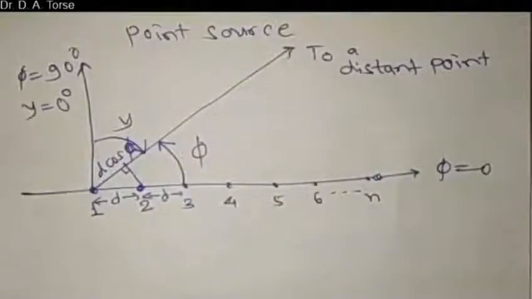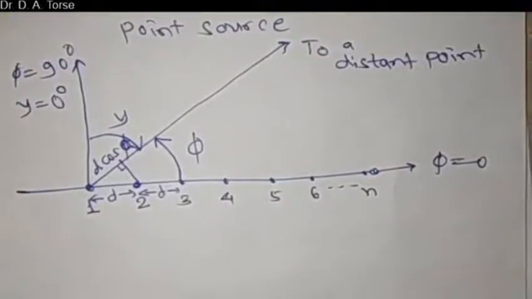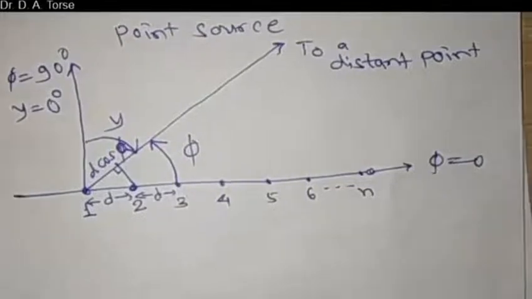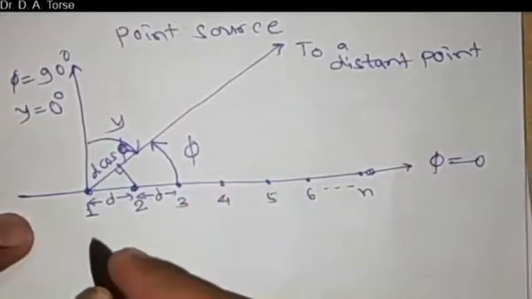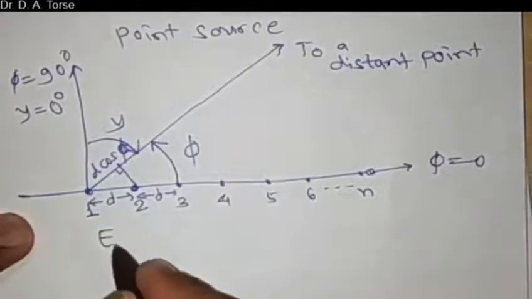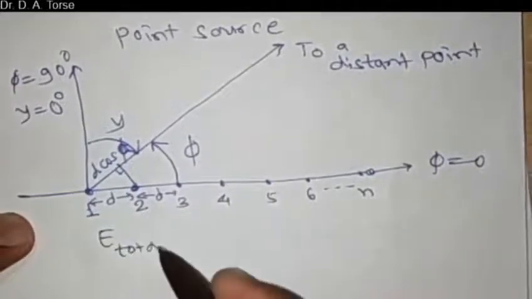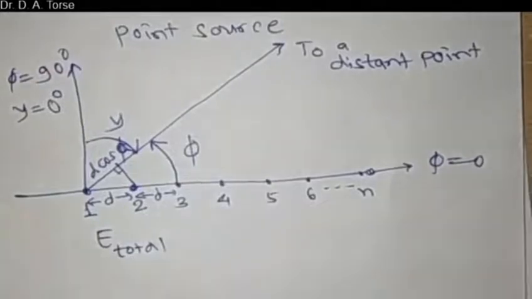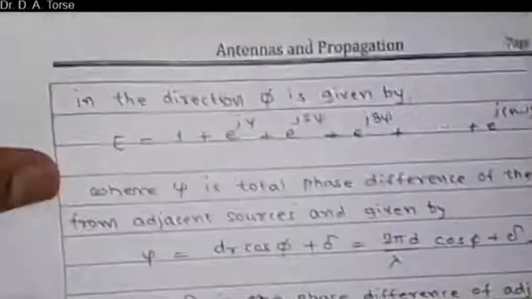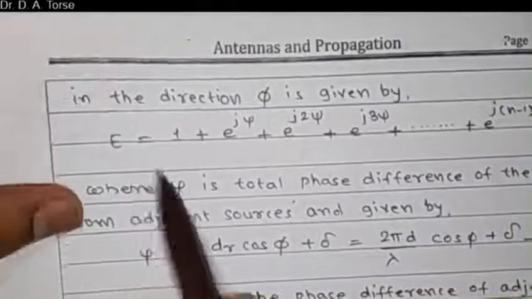So the aim is to find out the total electric field radiated by this entire array at a large distance in the direction of phi. So the equation for total electric field, I think in my notes I have represented this as E only. It is not E total.